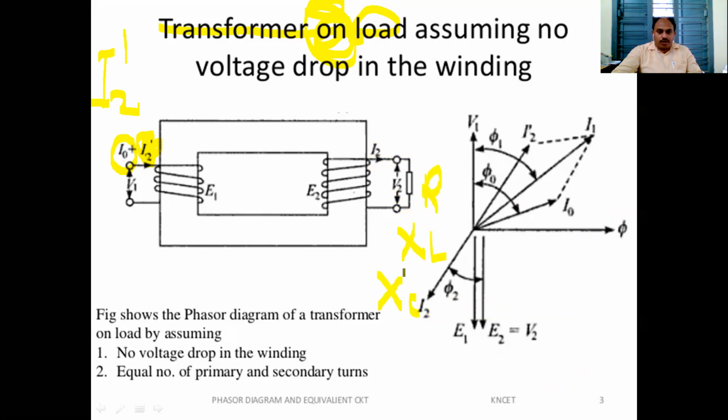Only resistive, only inductive, only capacitive, or some RL load. RL means having some resistance and reactance. So these are the phasor diagrams. We draw phasor diagrams for inductive load, resistive load, capacitive load, or RL load, depending upon the load values.